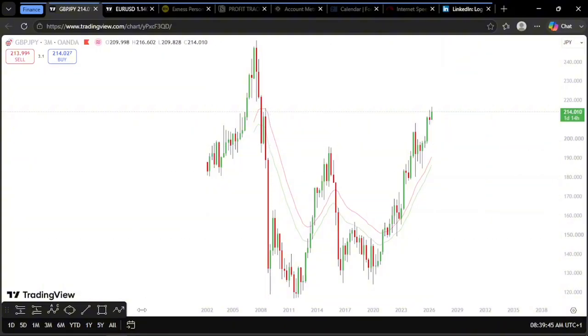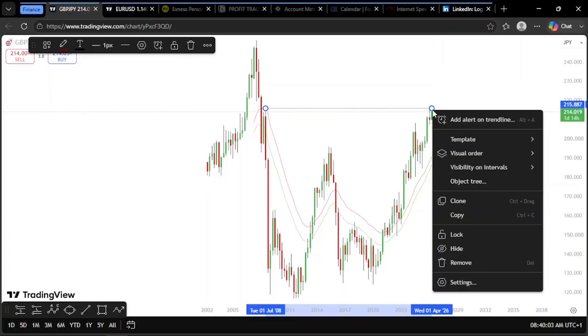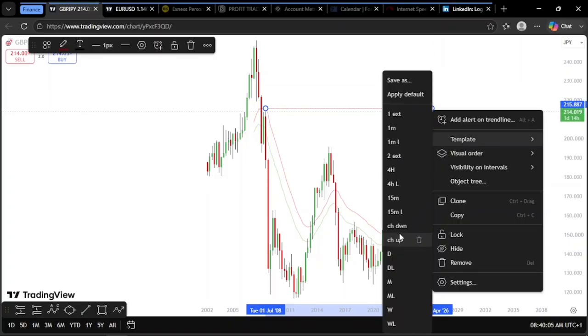As you can see, currently on the monthly time frame, from the analysis I've been doing, GBP should be getting strength soon, because as you can see here, we are currently on the 3 monthly liquidity area.